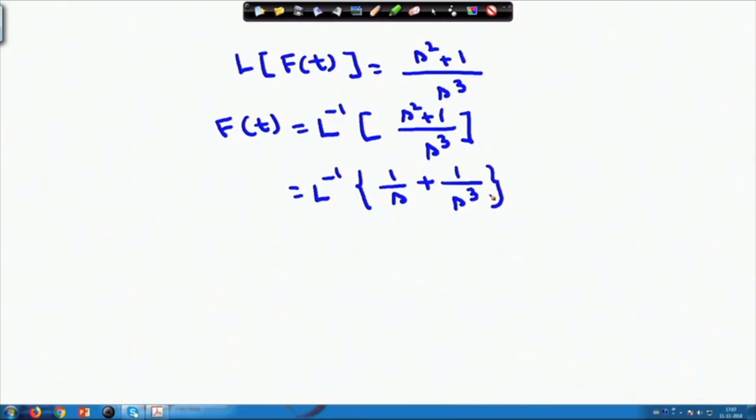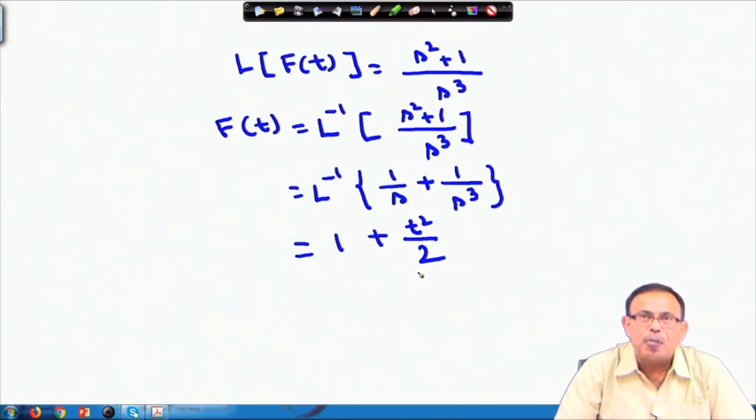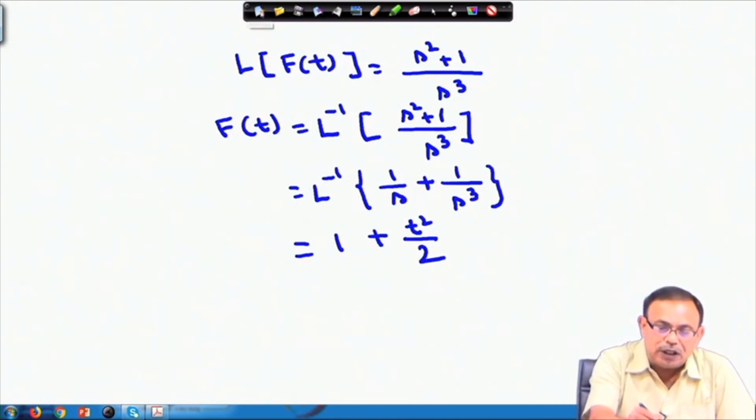For the function 1, Laplace transform is 1 by s. Similarly, for 1 by s cube, the corresponding function will be t square by 2. So, the value of the function f(t) equals 1 plus t square by 2, for which the integral equation will be satisfied.